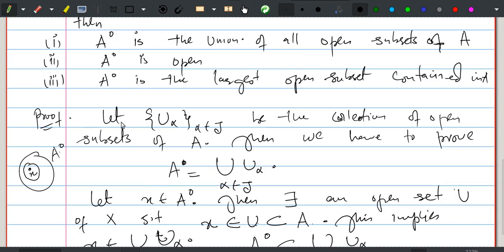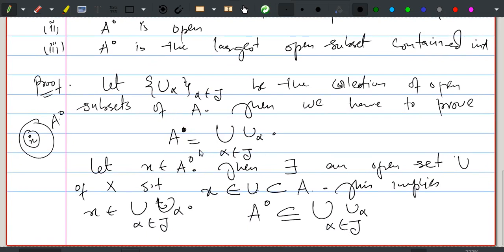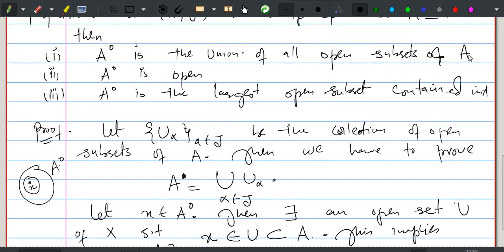Now for the third item, to prove A interior is the largest open subset contained in A, it also follows from the first item, because all open subsets of A are given by this class. If we take the union of these subsets, this will be the largest open subset contained in A, and by definition it is A interior.